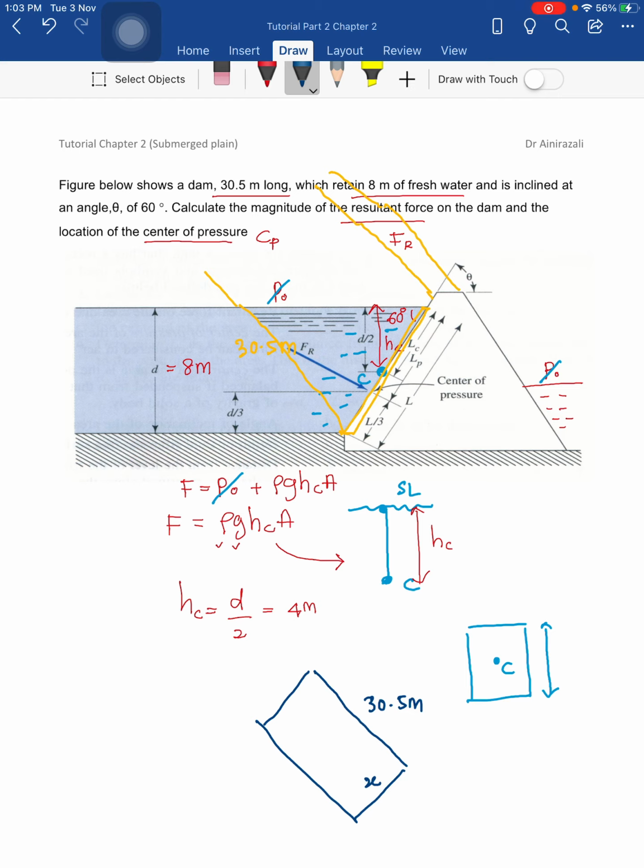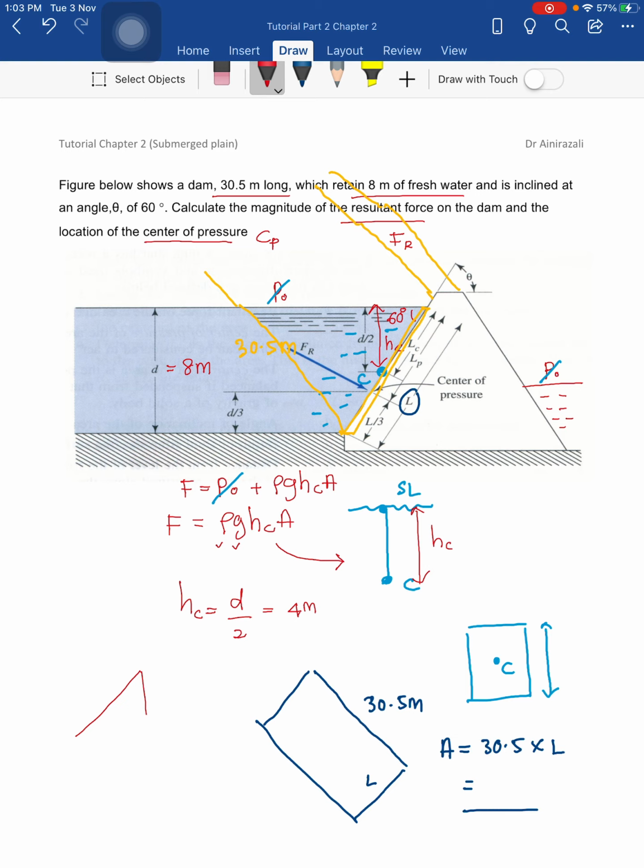In this figure it is shown as L, so I use the term L. For the area, you have to multiply 30.5 by L. Now we don't have the value of L. From the figure, we can calculate L by redrawing your figure.